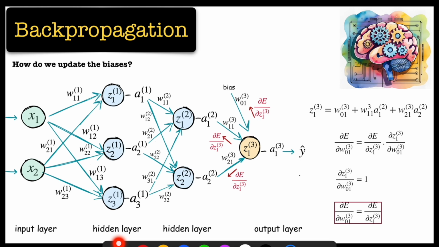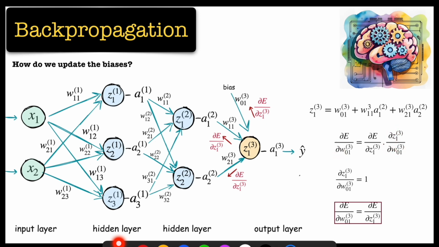So del E del W013 will be del E del Z13, that we will be calculating in this path using the chain rule, and then we have to calculate del Z13 del W013. W013 is only here, it doesn't have any coefficient, so del Z13 del W013 will be 1.